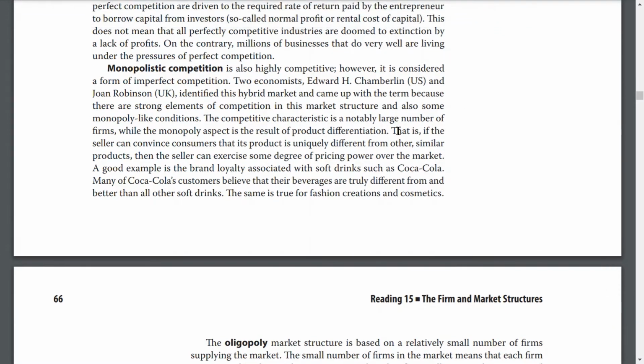The sellers can convince consumers that their products are uniquely different from other similar products.